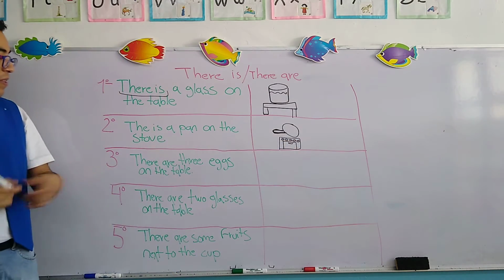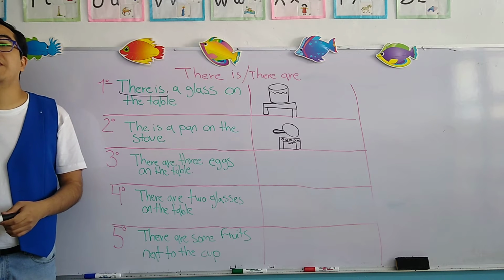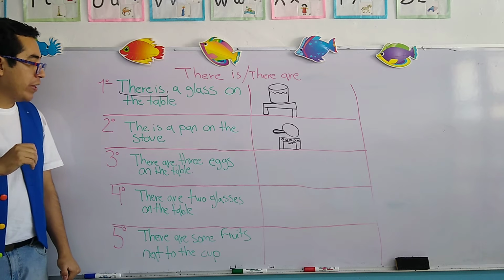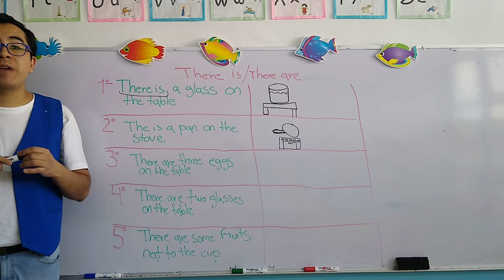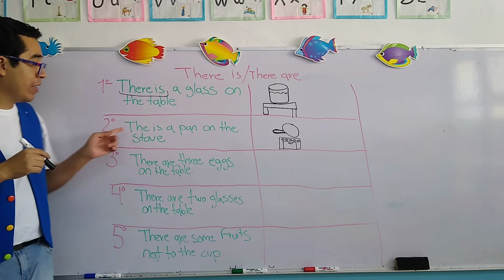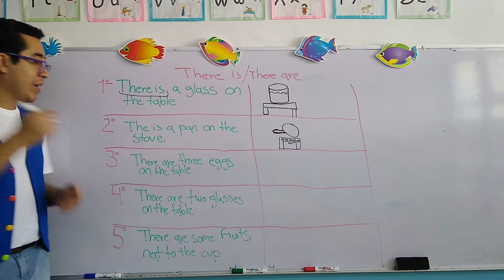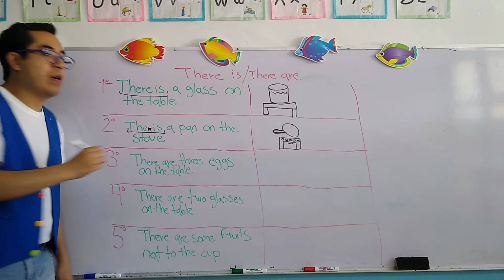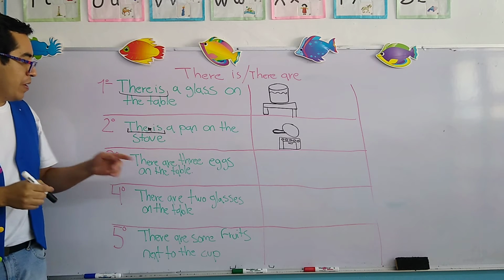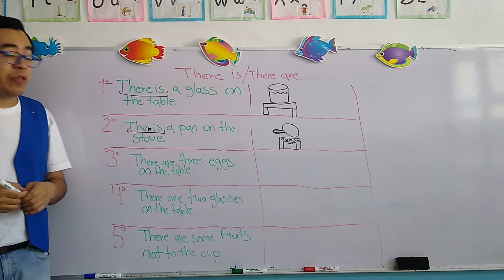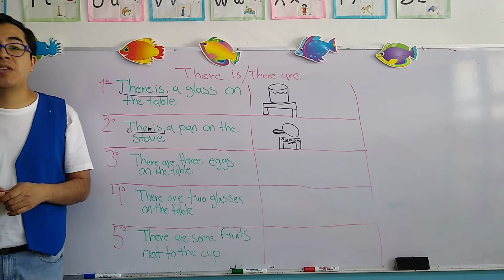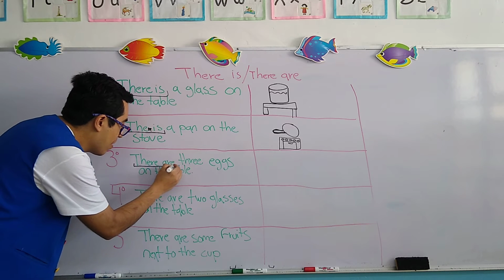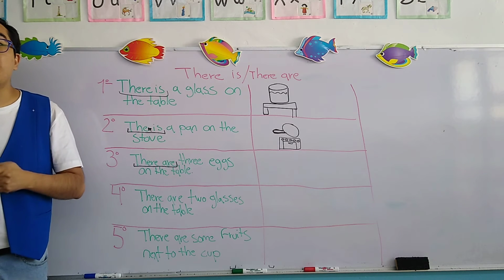Now let's continue with number 3. The third sentence says, there are 3 eggs on the table. I forgot to mention something very important about the second sentence. It says there is, which means singular objects. Continuing with number 3, it says there are 3 eggs on the table. First of all, if we pay attention, it says there are. That means plural.